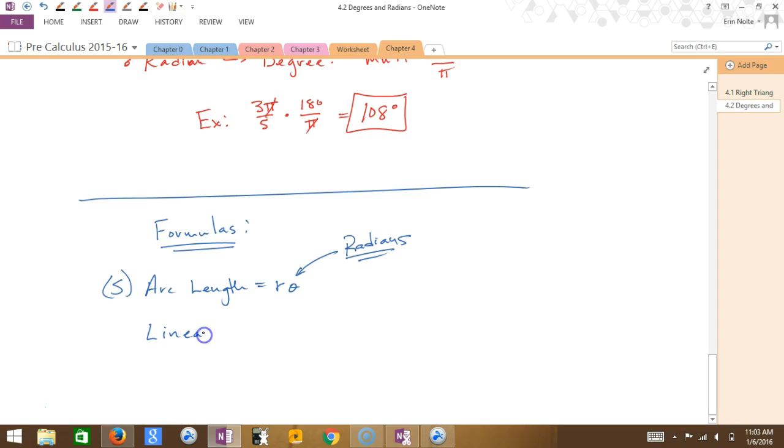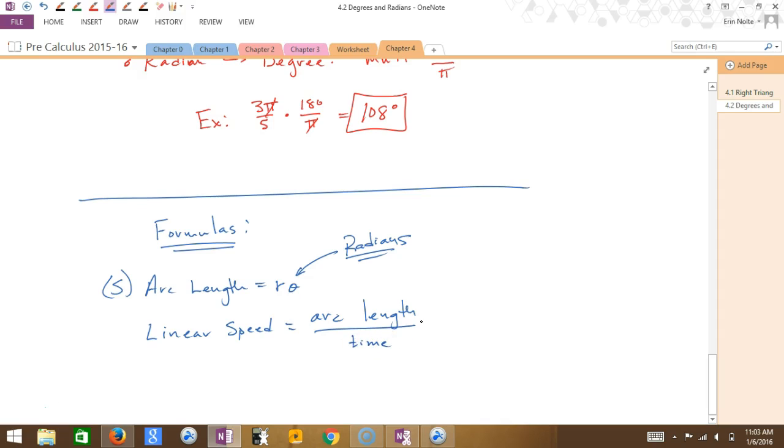Linear speed. They're going to throw in this idea of linear speed. The best way I can think of it is like a bicycle spinning and how fast something on the edge of it is moving. They refer to linear speed as the arc length divided by time.